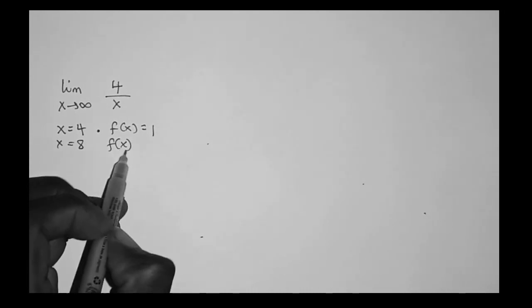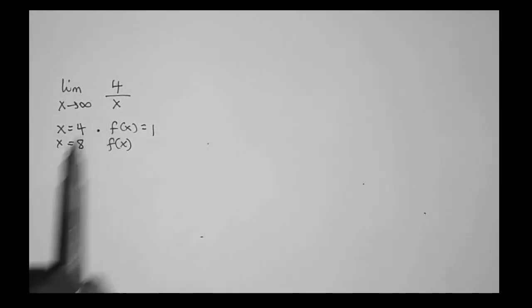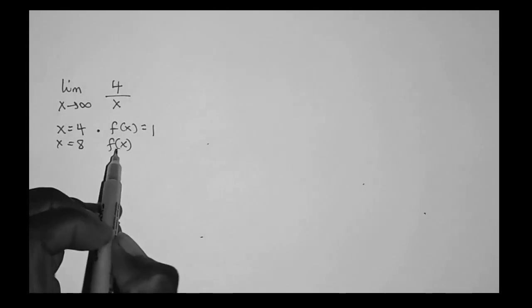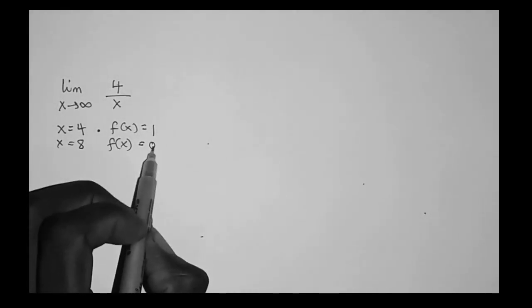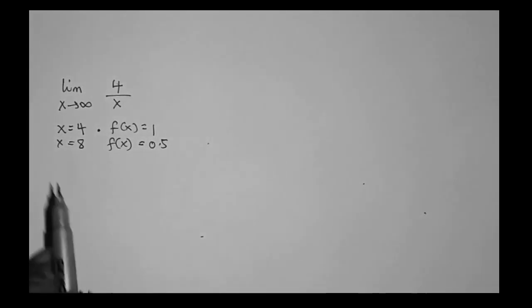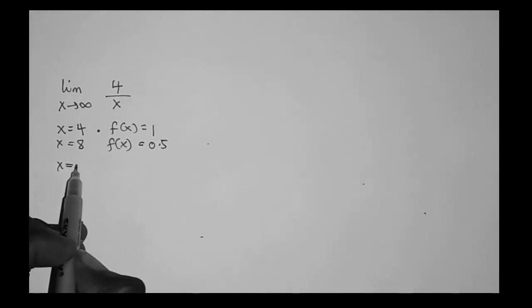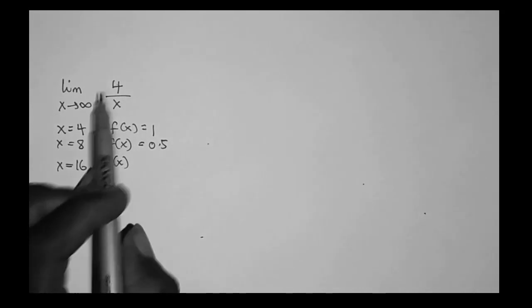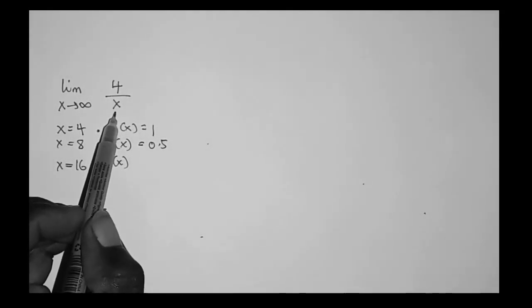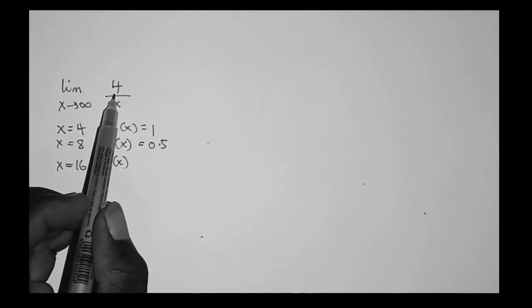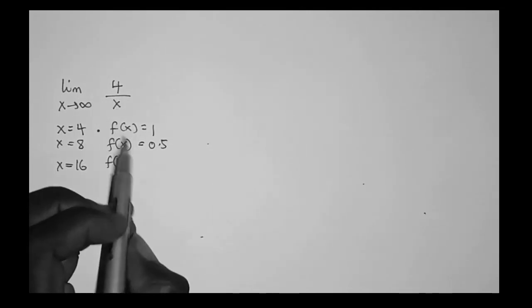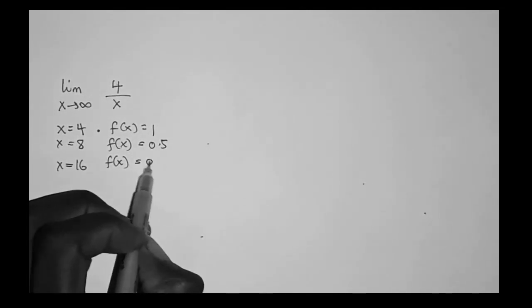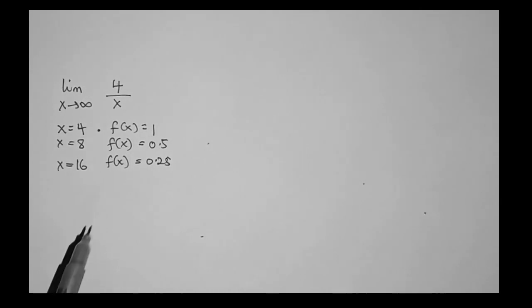What is f of x? We just put 8 here. 4 divided by 8 is 1 over 2, which is 0.5. What if x is equal to 16? f of x is just going to be 4 divided by 16, and 4 divided by 16 is 1 over 4, which is equal to 0.25.